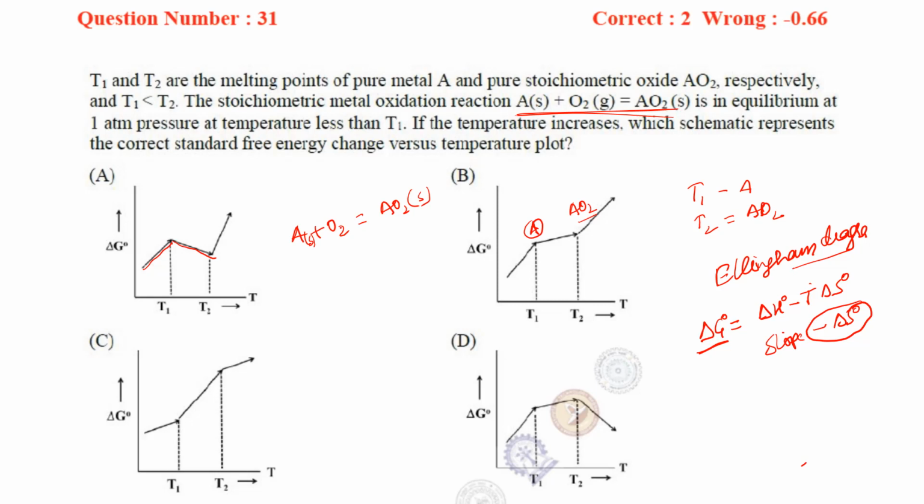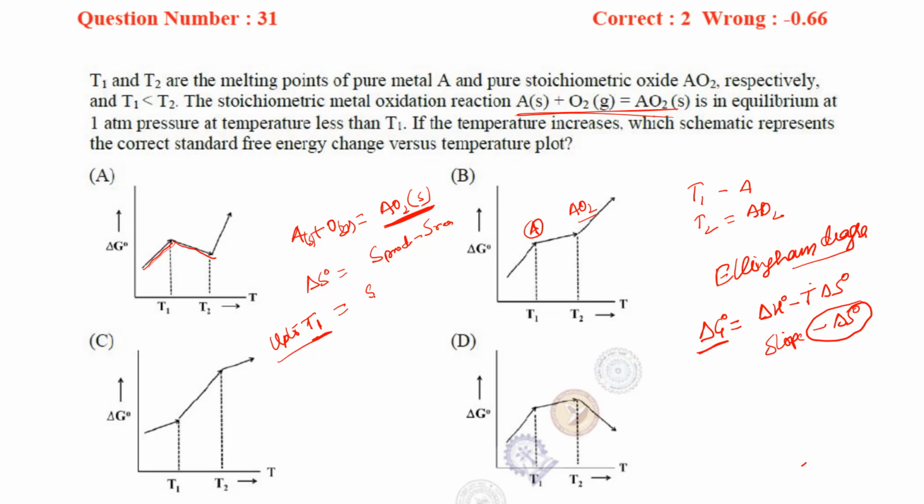Solid, this is also in solid and this is in gas. So delta S naught is equal to S product minus S reactant, right? Okay, fine. So up to T1, on the right hand side it is a solid, basically.